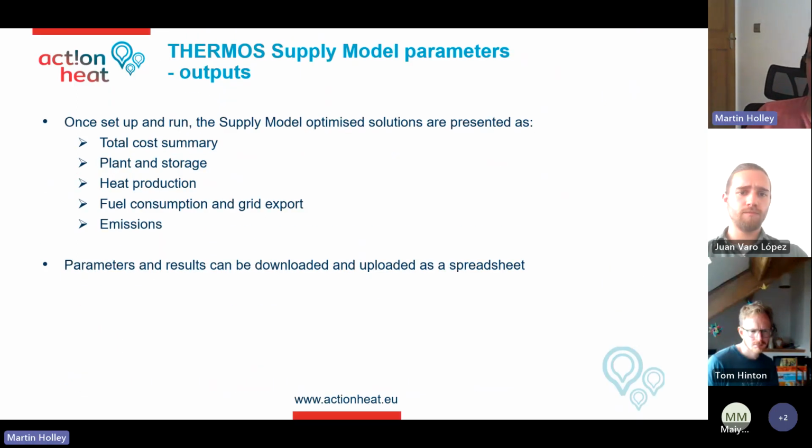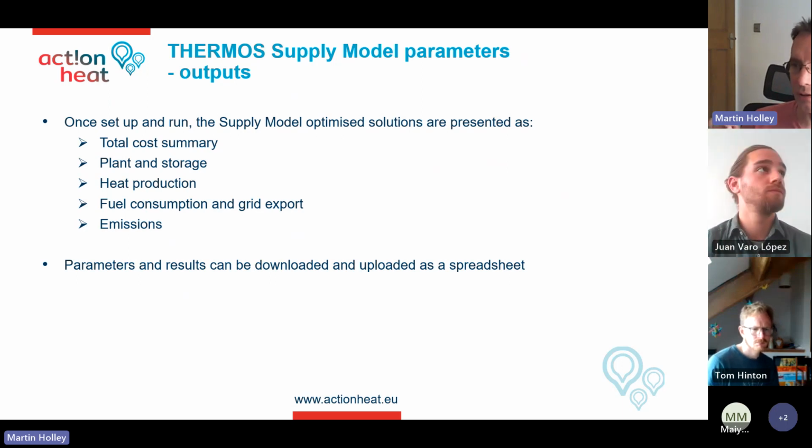So just to cover very briefly a little bit about outputs. Once the model is run and you've got some results, the results are split by those areas there. You've got a total cost summary. It looks at plant and storage features in the solution, heat production, fuel consumption, grid export, and emissions, of course.